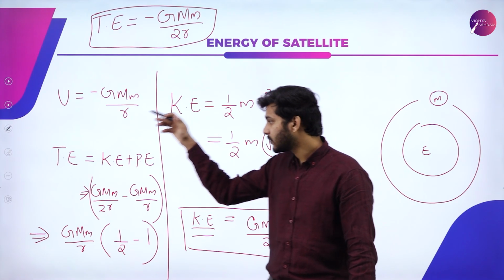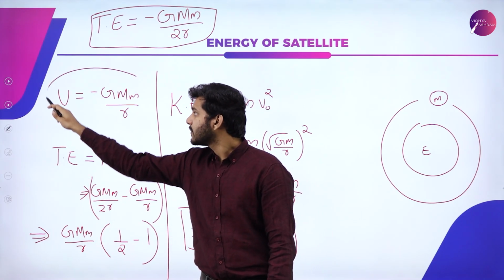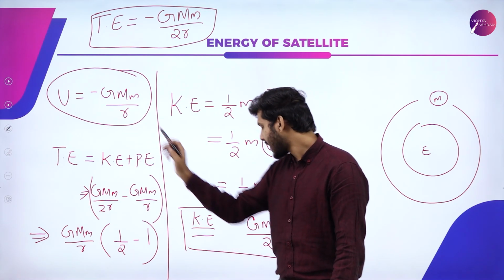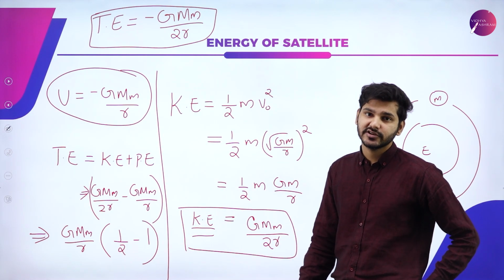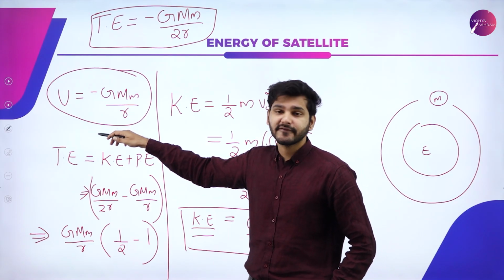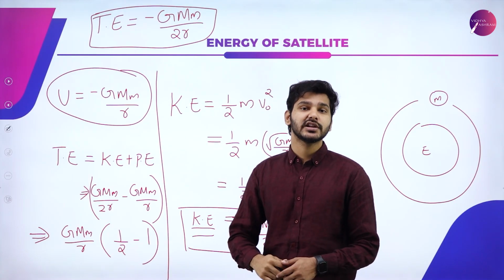And then again, what is the relation between the potential energy and the total energy, or the potential energy and this particular kinetic energy? It just so happens that half the value of this potential energy is equal to the total energy of the system.